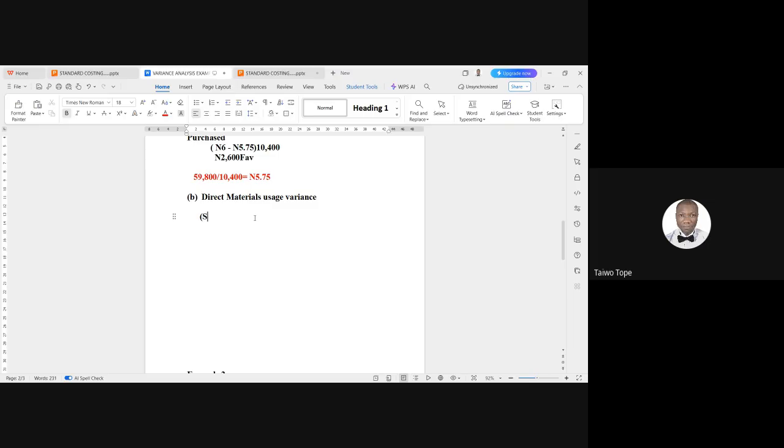Standard quantity of actual production minus actual quantity, multiplied by standard price.